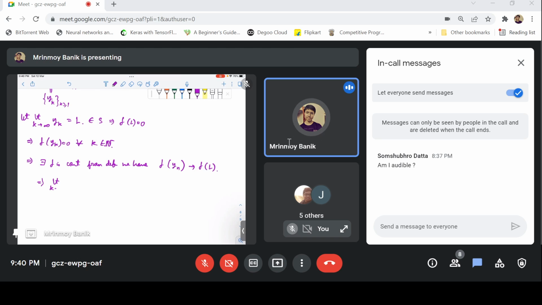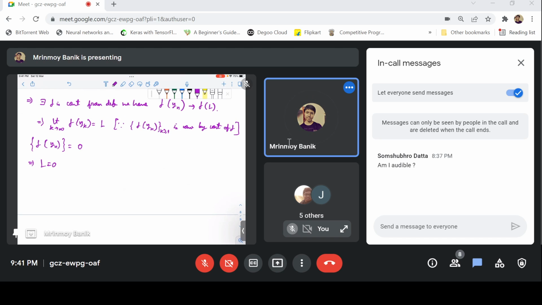So this implies limit k tends to infinity f of yk equals f of L, since this sequence is convergent by continuity of f. But we know one thing, we know this is a zero sequence, since all the terms of this sequence are zero, which implies f of L has to be zero. So the limit is indeed zero.